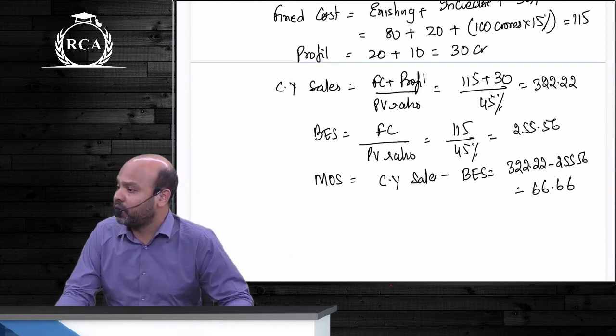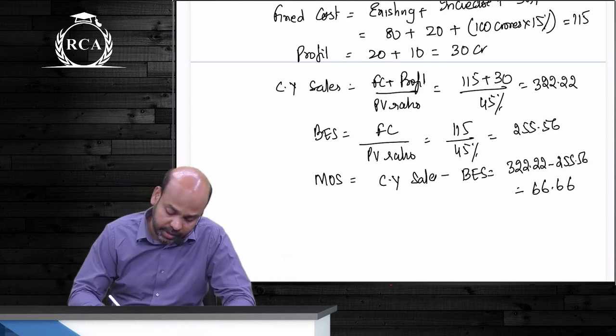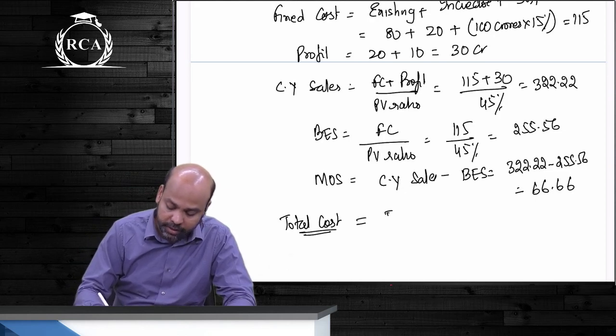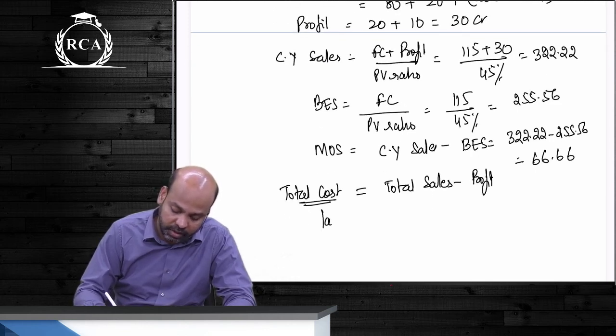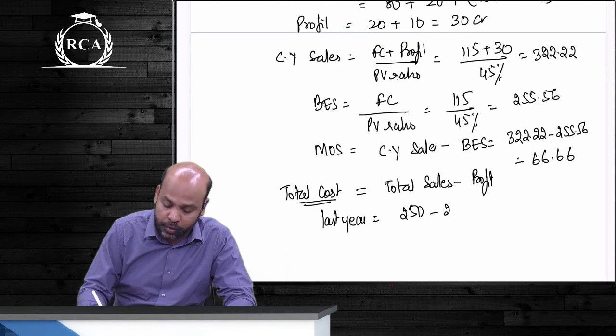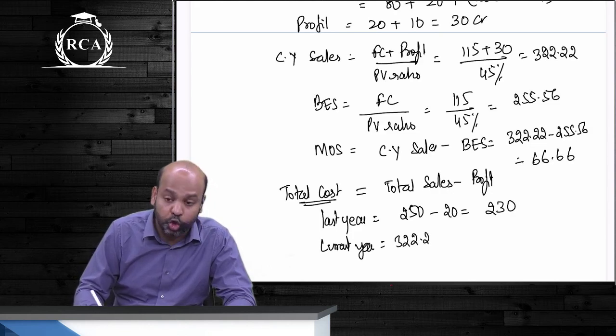फोर्थ बिट तो ऑलरेडी कर लिया ना बेटा. करंट ईयर प्रॉफिट, लास्ट ईयर प्रॉफिट. लास्ट बिट क्या है? टोटल कॉस्ट. आई कैन राइट दिस एज व्हाट बेटा? टोटल सेल्स माइनस प्रॉफिट. लास्ट ईयर का टोटल सेल्स कितना था बेटा? 250 crores. Profit 20 crores. So total cost 230. Current year beta total sales 322.22.